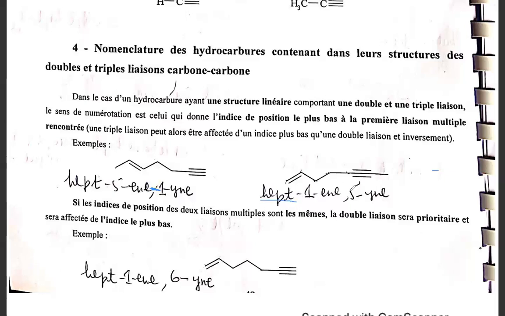Therefore, we are going to look for the position of the double or triple liaison with reference from the double liaison itself. So this is at position number 1, ene, and at position number 5, we have the triple liaison, yne.